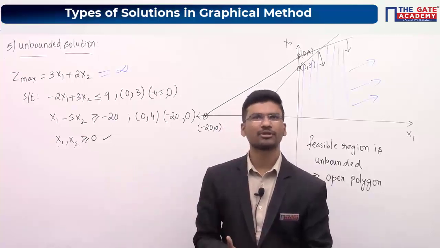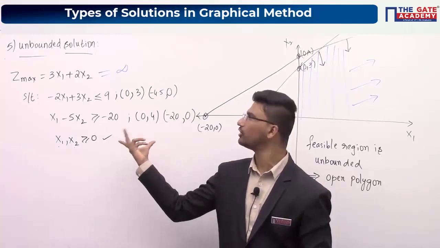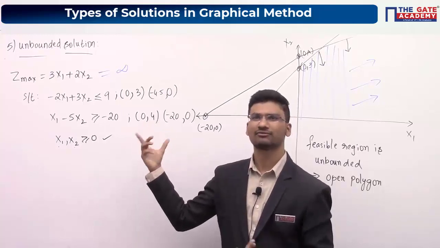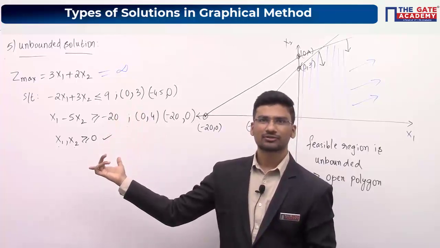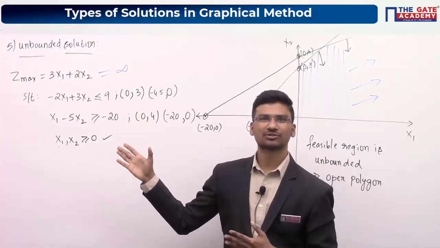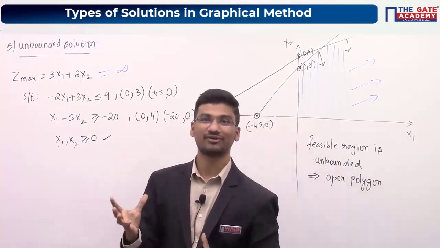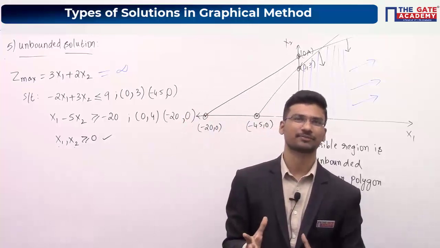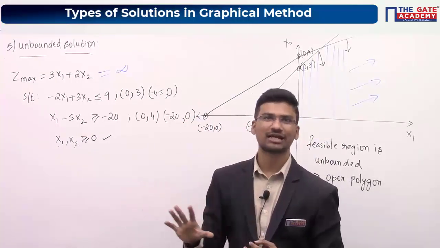So whether it is a unique optimal, multiple optimal solution, or still an unbounded solution, or infeasible solution. What is the type of solution if it is a minimization problem? Please reply. I am not getting any response from you. It will be very difficult if you are not giving any response. Then I will be moving forward, and then you cannot understand anything.